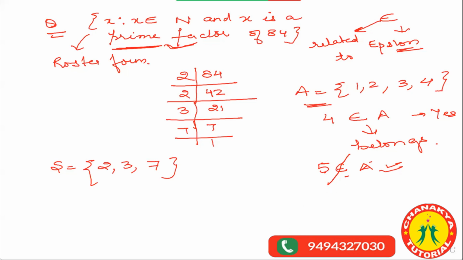What are prime numbers? They are divisible by only themselves and 1. Those are prime numbers, and composite numbers have more than 2 factors.